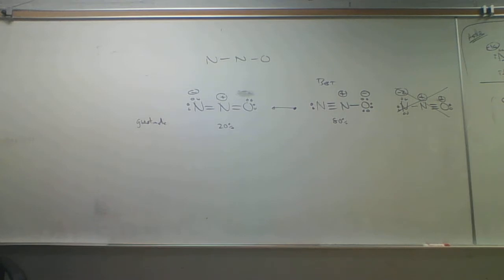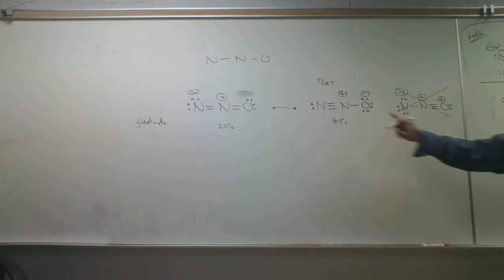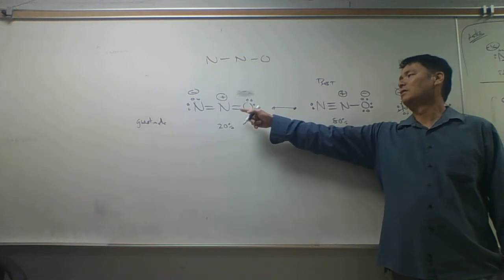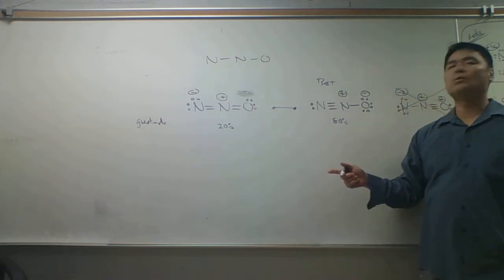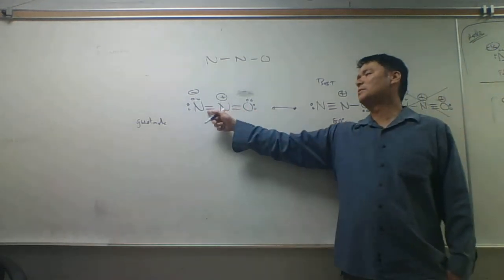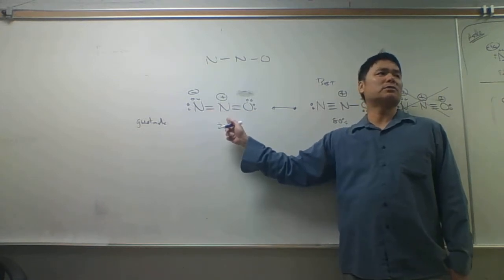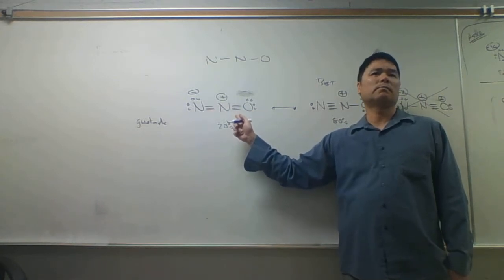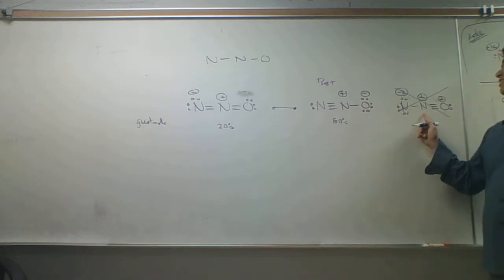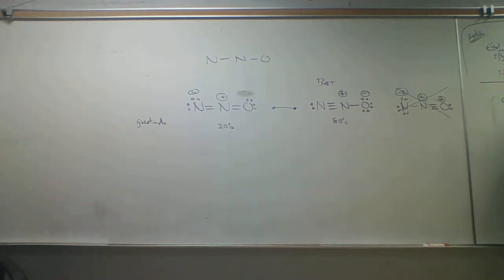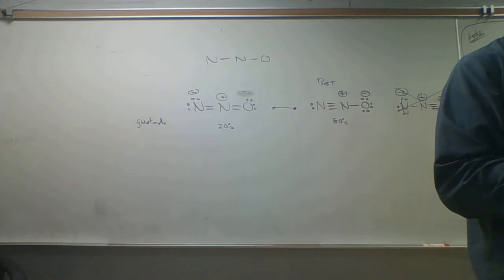Whereas these two are kind of comparable, oxygen versus nitrogen in a tug of war on the opposite ends of the middle nitrogen. Whereas this wouldn't contribute much, the formal charge is just too high. And so this is nitrous acid. We just have one structure for nitrous acid. All the acids are going to have the hydrogen bonded to the most electronegative element.